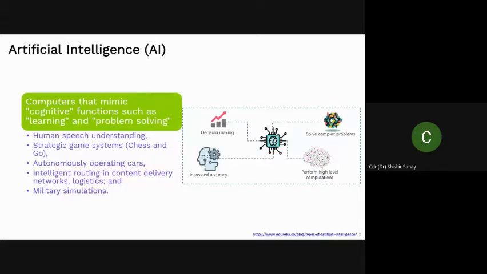Like we have programs which are able to autonomously drive cars. Or you have programs which can route your packets intelligently in a network, or even in logistics or in military simulations. But the keyword to my mind is mimic cognitive functions.